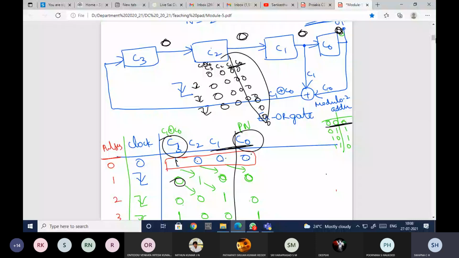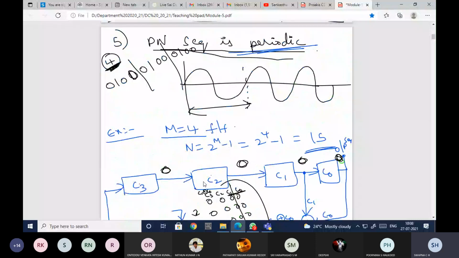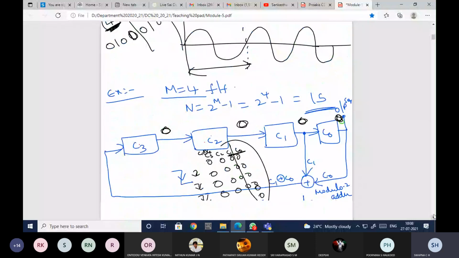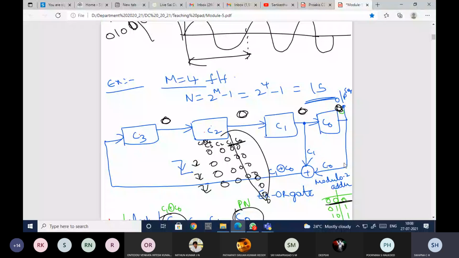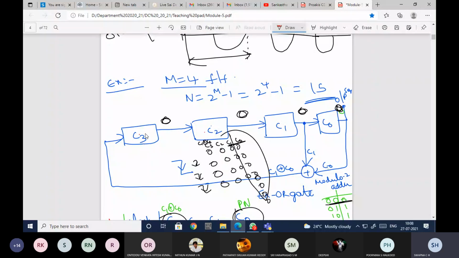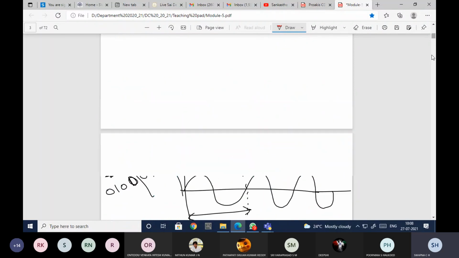Here in the PN sequence generator, we have used C3, C2, C1, C0, and C1 and C0 will be given to the modulo 2 adder, which is nothing but the XOR gate. This output will be fed as feedback to C3. This is nothing but LFSR. So if they ask you to explain PN sequence generator using LFSR, this is what you need to explain. That is what he is mentioning here.